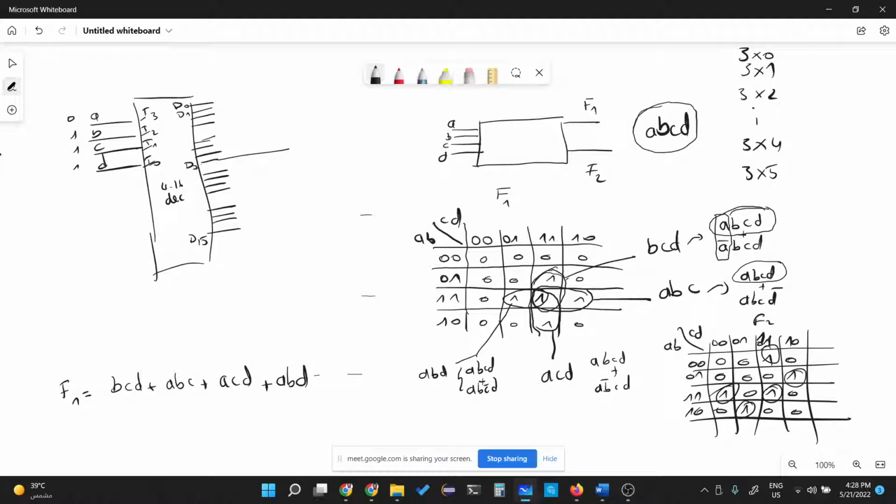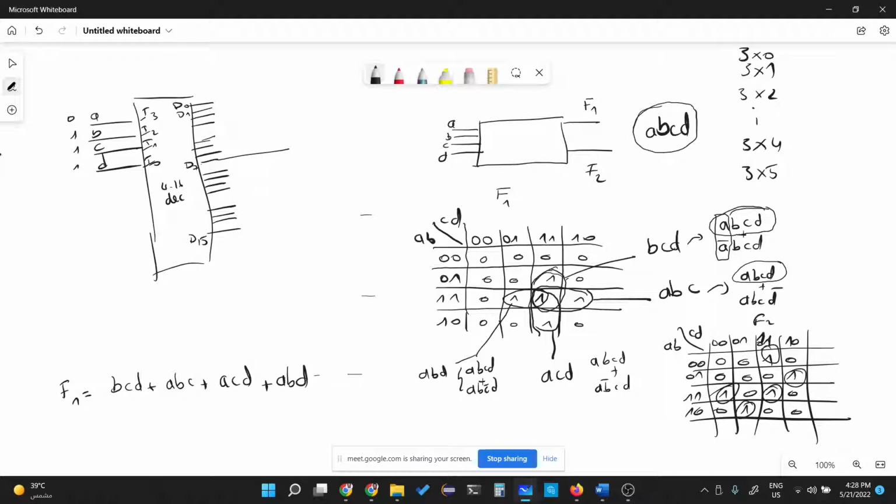Okay, so here BCD. Here we have to take it directly from the decoder. This is the expression, but to implement it with a decoder, we have to take the expression directly from the minterms. It's easier than trying to deal with this.